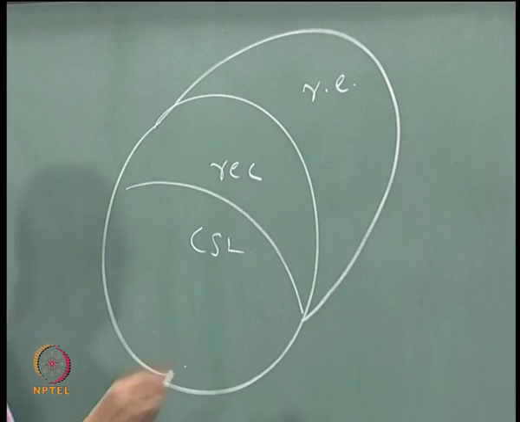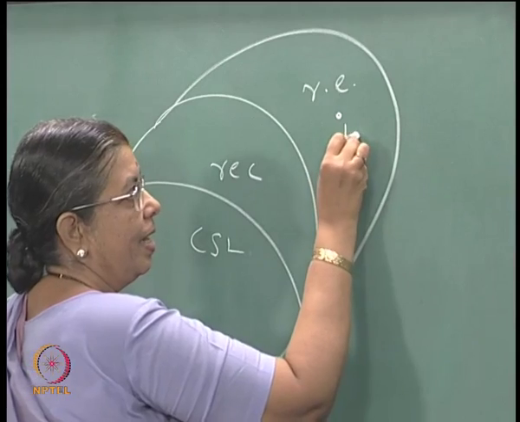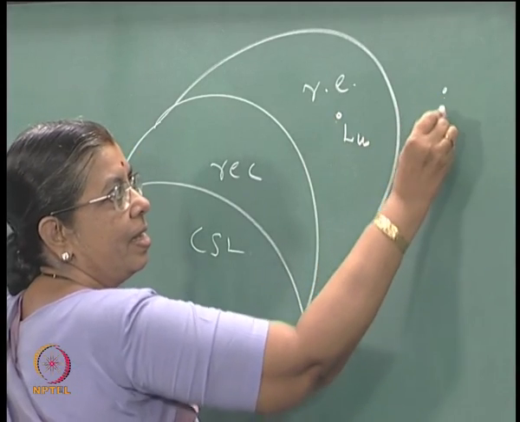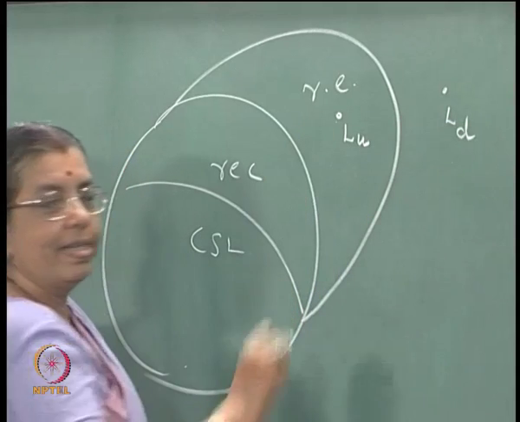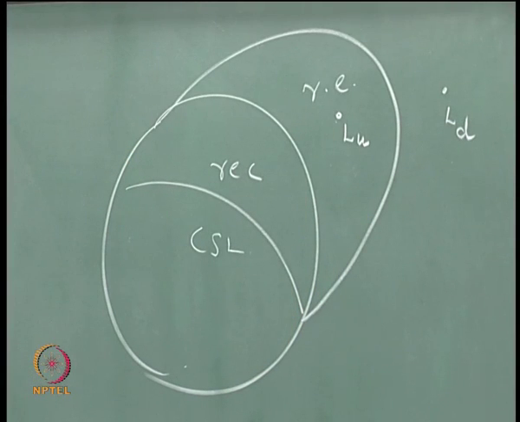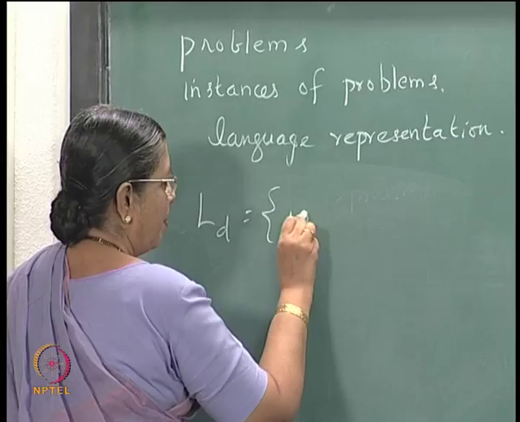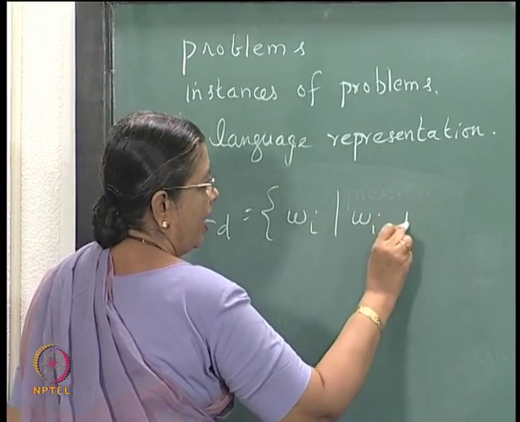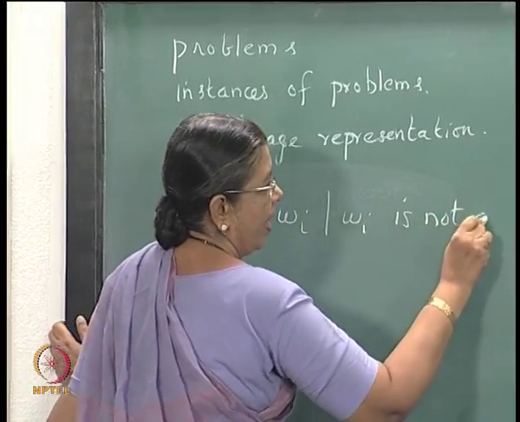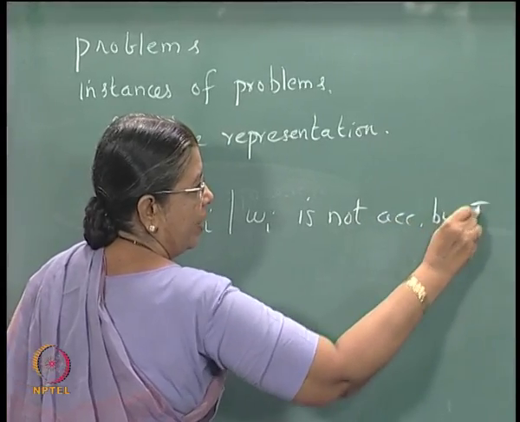For example, this LU, we have seen some examples here. LU is here, LD is here, is it not? We have seen what is LD, the diagonal language. What is LD? LD consists of strings Wi such that Wi is not accepted by the ith Turing machine.